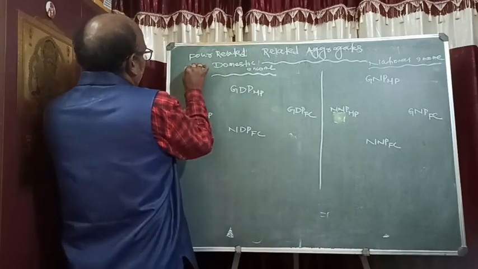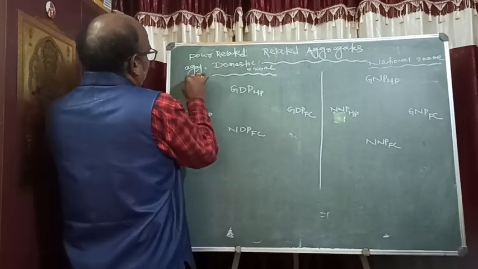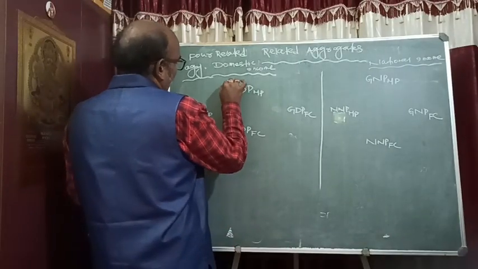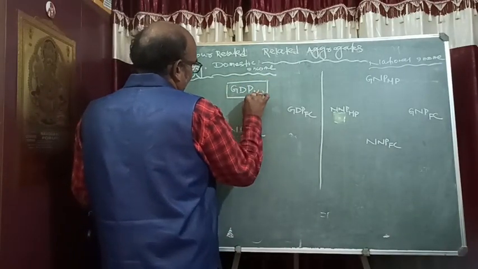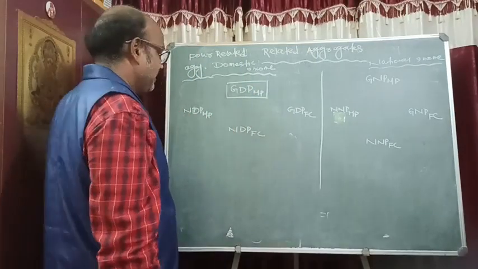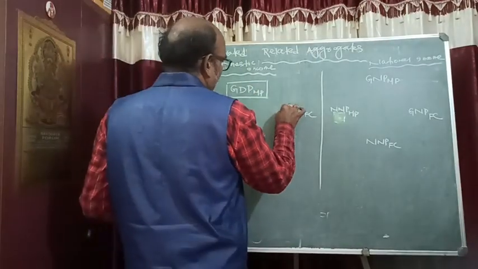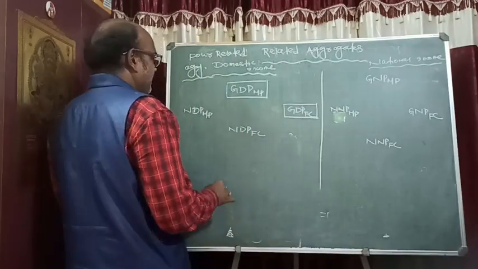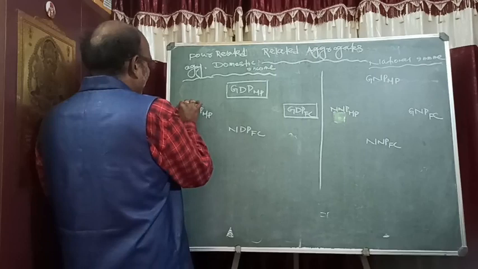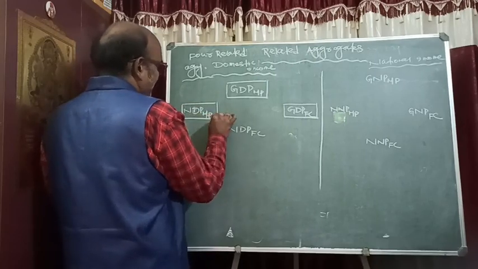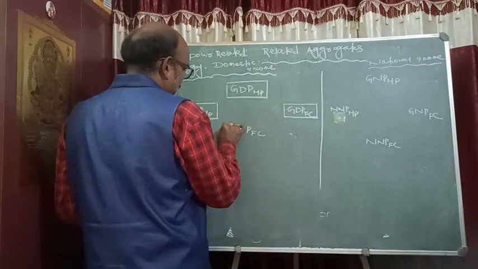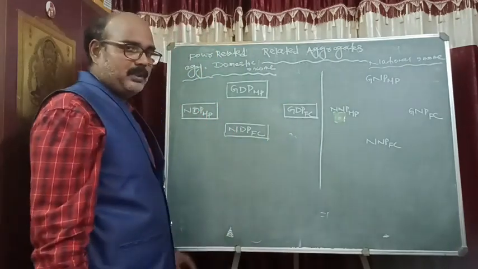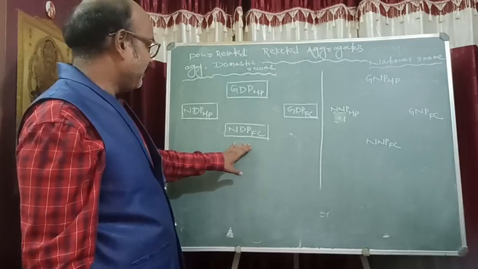Suppose it is your GDP-MP, gross domestic product at market price, and another is gross domestic product at factor cost, another is net domestic product at market price, and net domestic product at factor cost. This net domestic product at factor cost is generally called domestic income.